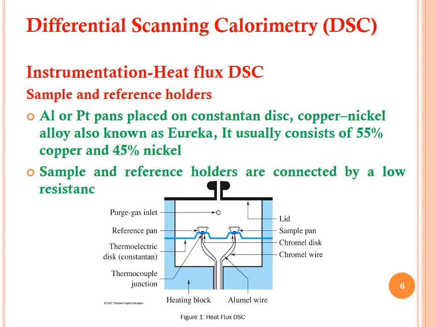You are all familiar with the purge gas. We can use different types of gases in DSC also: nitrogen, argon, carbon dioxide, and so on. A thermocouple is a sensor that measures the difference of temperature between two objects, meaning the reference and the sample.